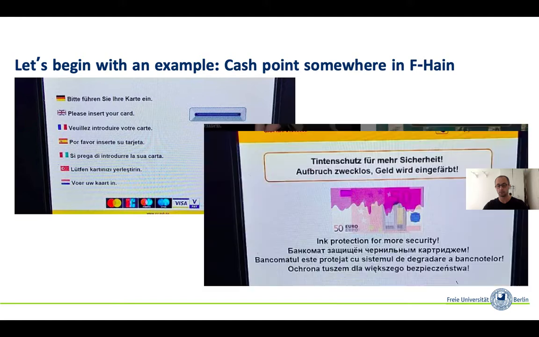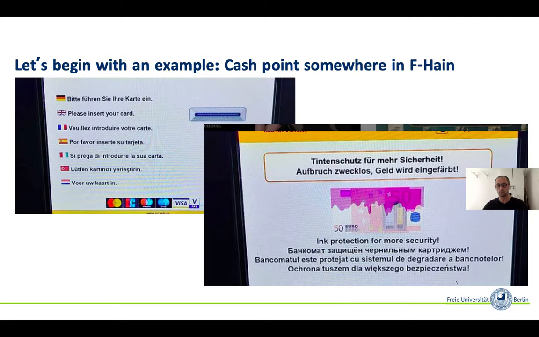Then, if you wait a second, you'll see another message that this cash point will give you, and this is this thing, right? So this changes. The one thing that you see on one screen is please insert your card, and the other screen is ink protection for more security, telling you that there's no point breaking in the machine because the money that is inside will be destroyed if you do that.